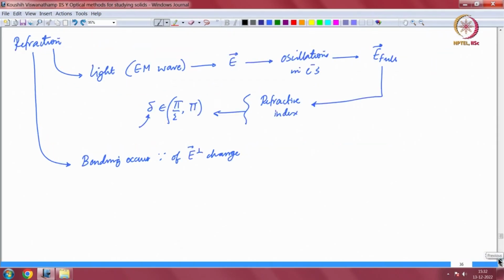So, summarizing, we understand why refraction and bending should occur. Incidentally, in discussing this, we also figured out that this change can give you different degrees of absorption, and it can make materials opaque and so on. These are some of the things we also discussed in the context of this bending.